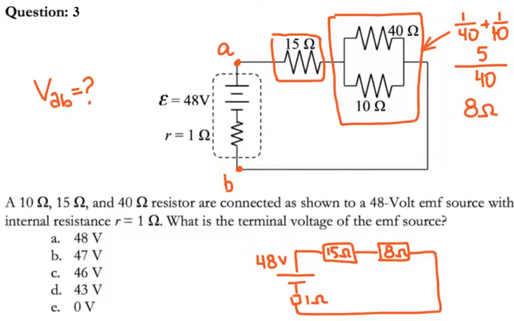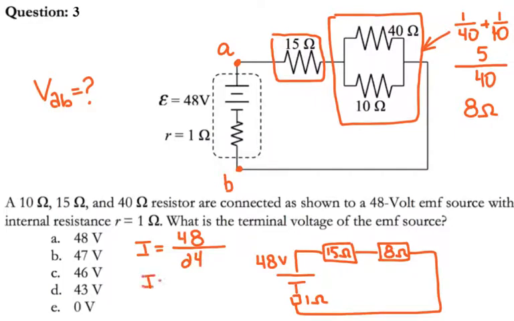If I'm calculating the voltage, at first I need to find the current. So the current in the circuit is equal to 48, the total voltage in the circuit, or the EMF, divided by the total resistance, and the total resistance is 15, 8, and 1, which gives me 24.